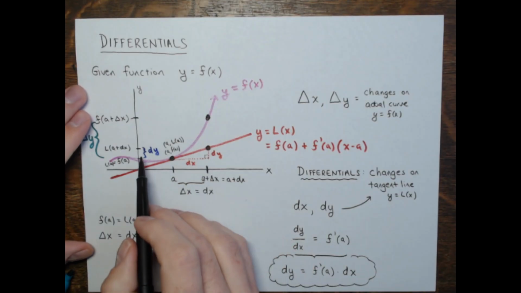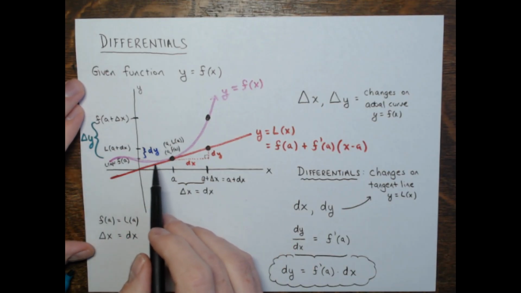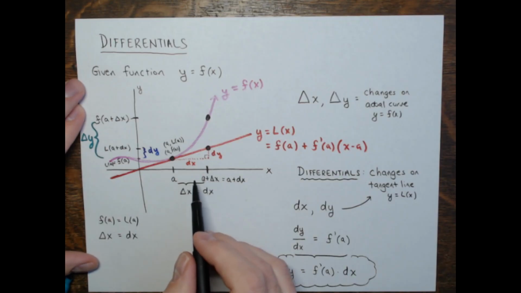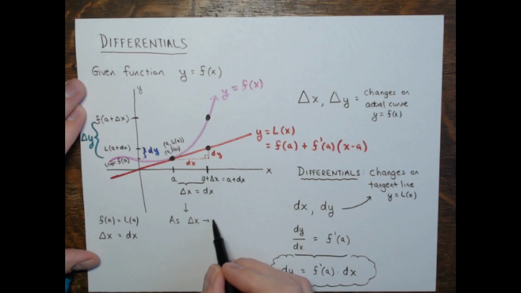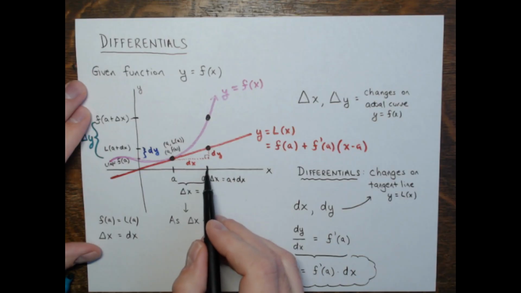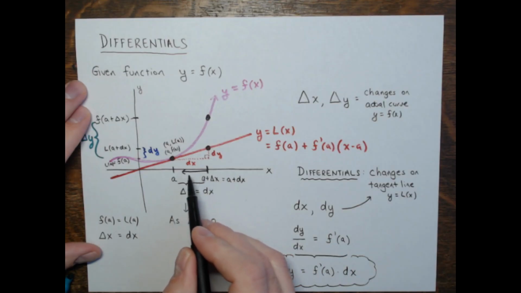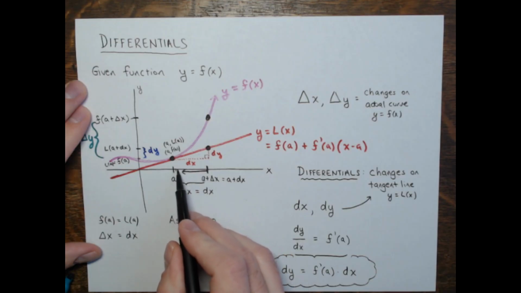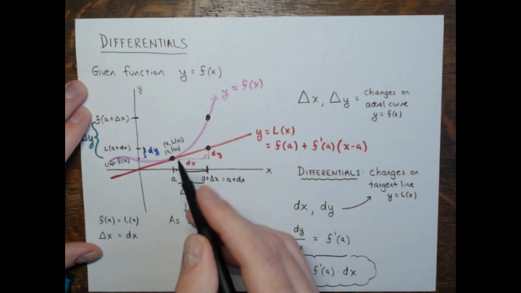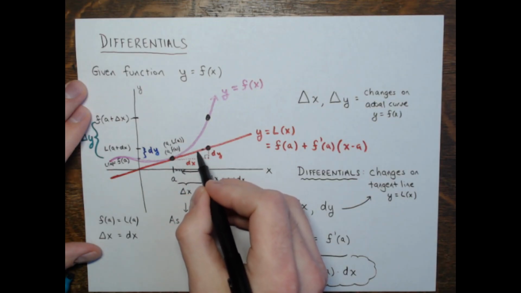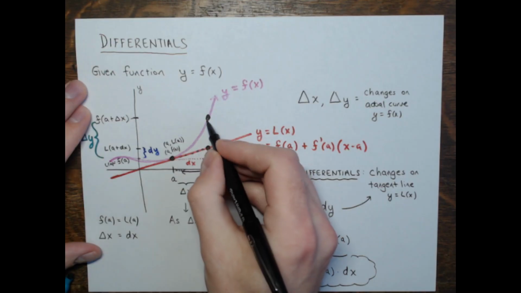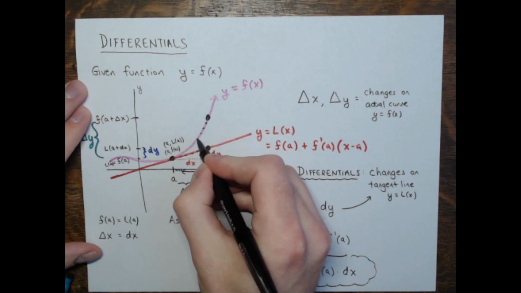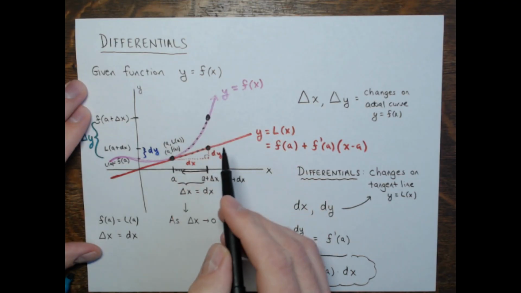All right, now where this comes into play with approximations. So I mentioned this before. As delta x goes to 0, right, so you get smaller and smaller. So move this point this way. So make the change in x tinier and tinier. See how the point on the tangent line would go toward this f of a, or L of a. And then the point on the curve would also move towards that same point.